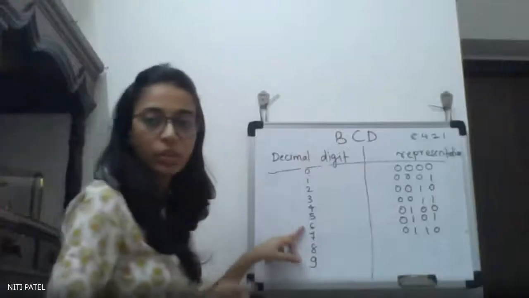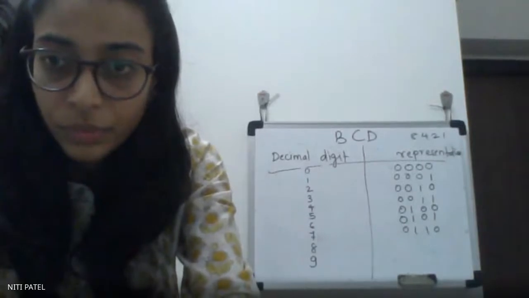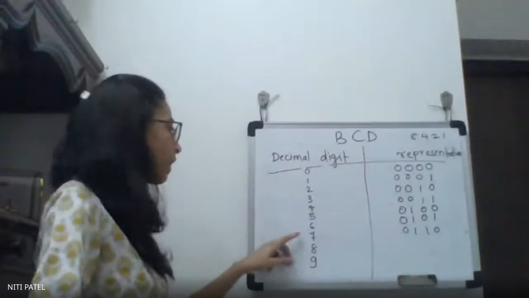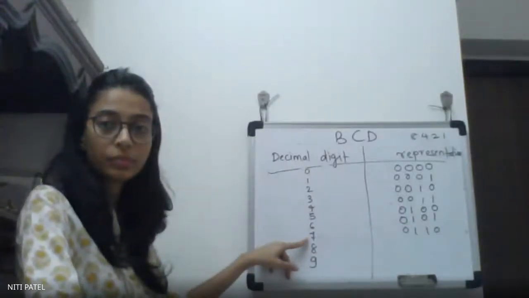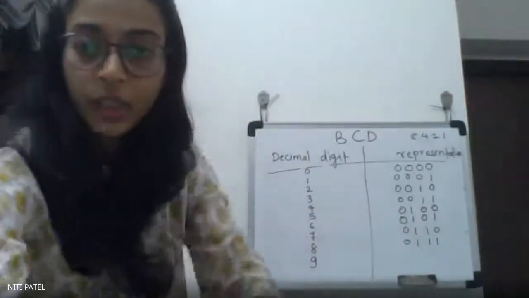Ma'am, 0 1 1 0. Correct. Om Bhukti will tell me the binary for 7. 0 1 1 1. Okay.